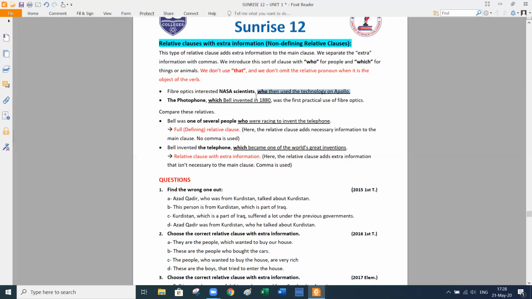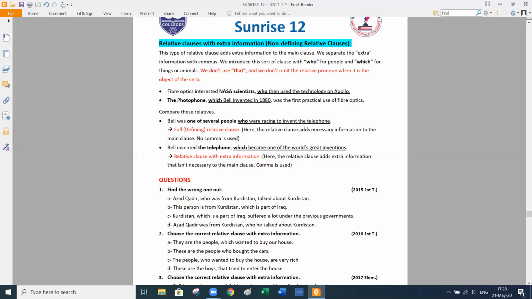That's why we separate it with a comma, because it's something extra, something apart from the meaning of the first sentence, the main clause. It doesn't complete the meaning. Okay, now let's look at the second example.